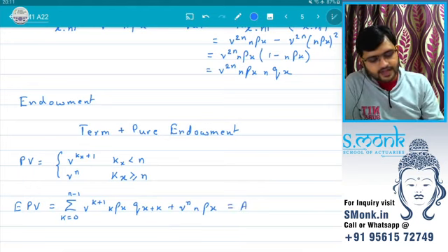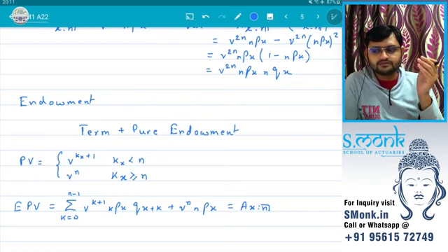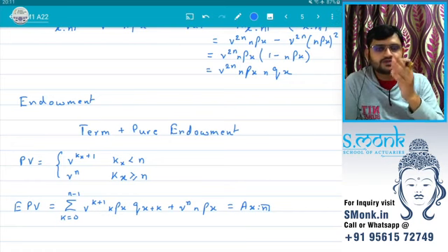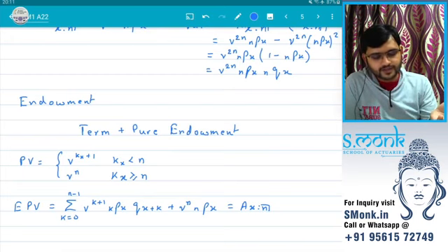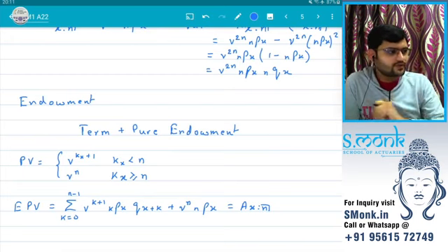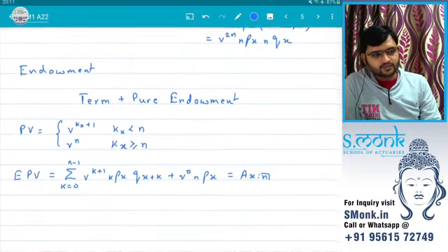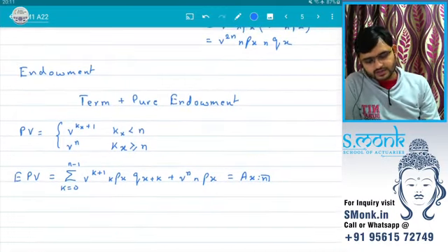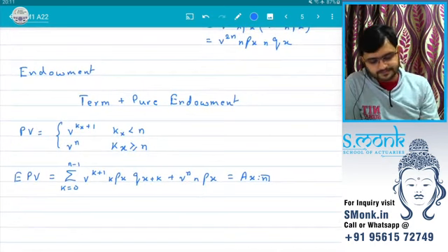We write this as Ax n without any dashes, because if life ends before n years, then the payment is given, or if n ends before life, even then the payment is given. Payment is given in both cases. So payment can be given anywhere from time 0 to time n.